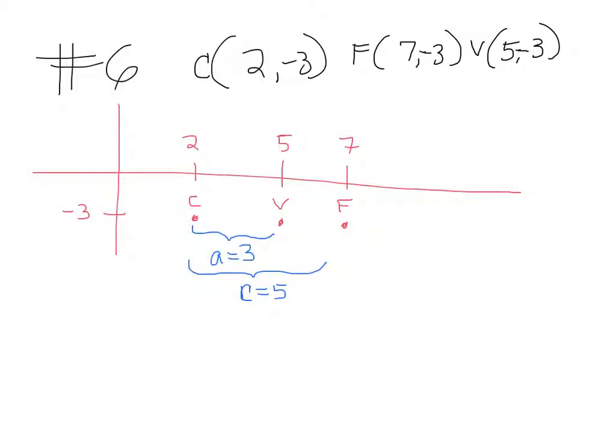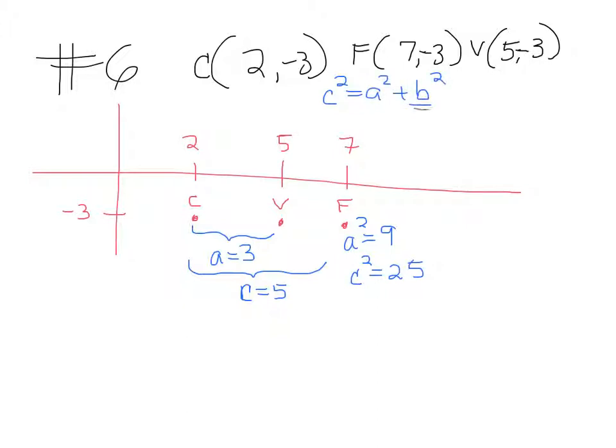So now I can determine that my A square is 9 and C square is 25. So therefore, I can find my B square. I just use the Pythagorean relationship, so C square equals A square plus B square.